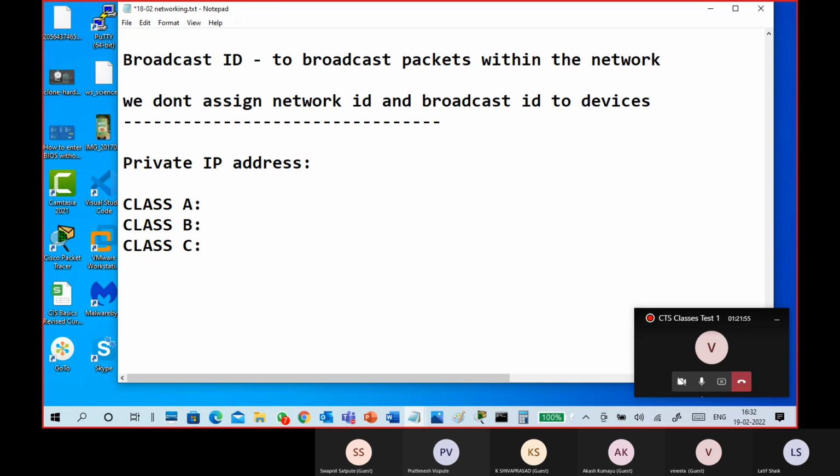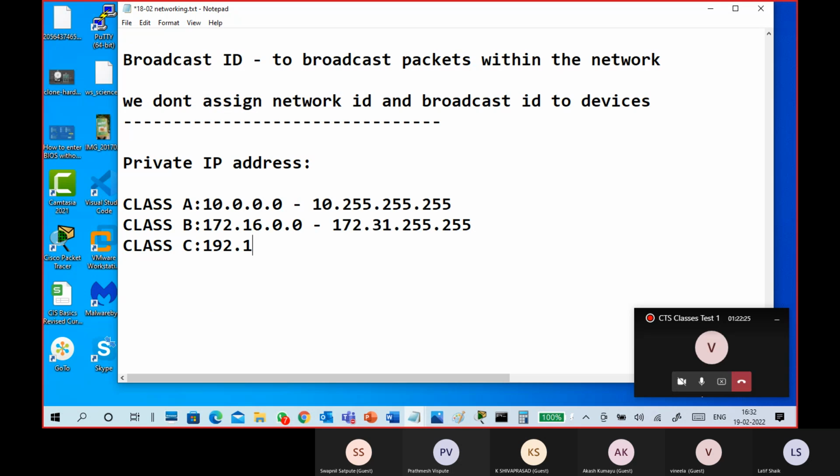The private IP address ranges are 10.0.0.0 to 10.255.255.255, 172.16.0.0 to 172.31.255.255, and 192.168.0.0 to 192.168.255.255. So these are class A, class B, class C private IP addresses.